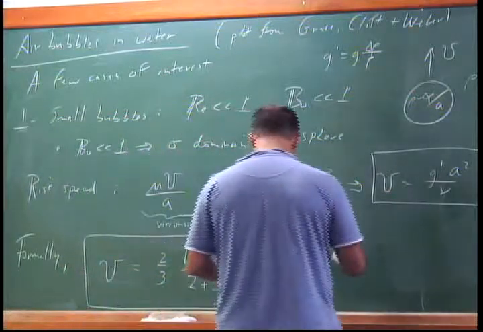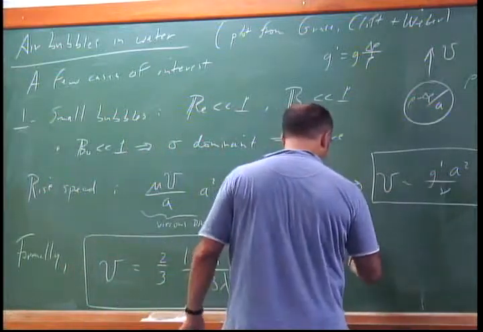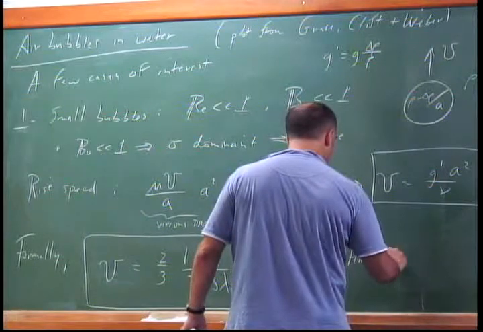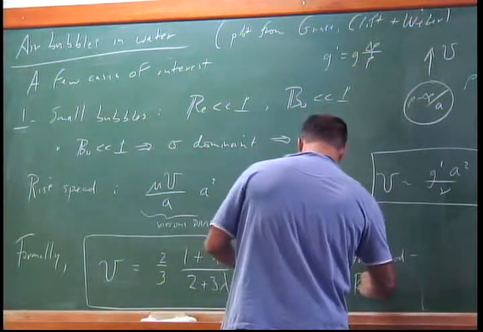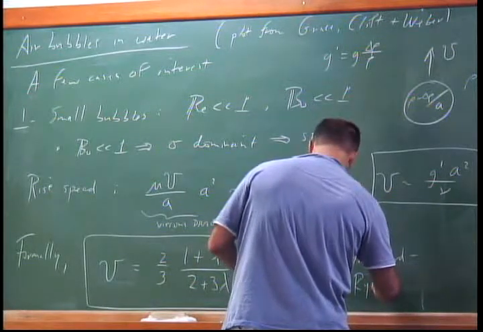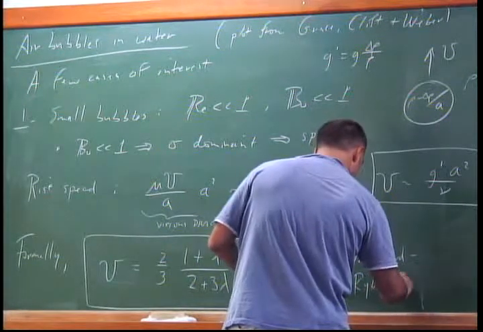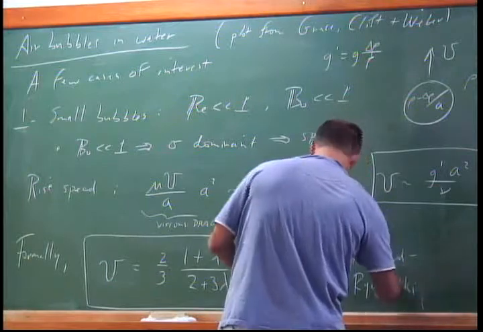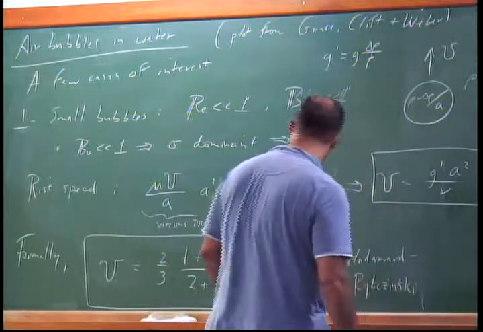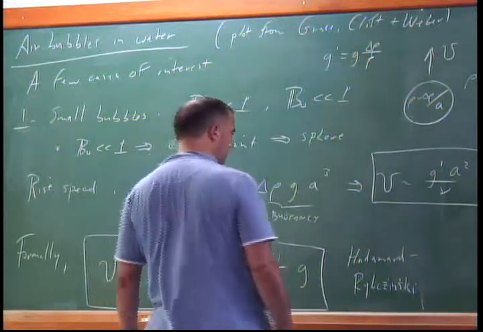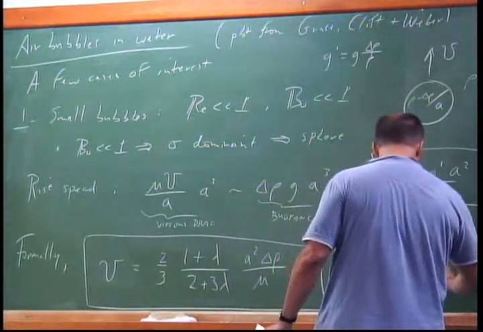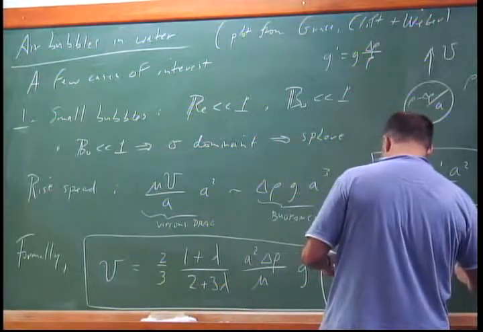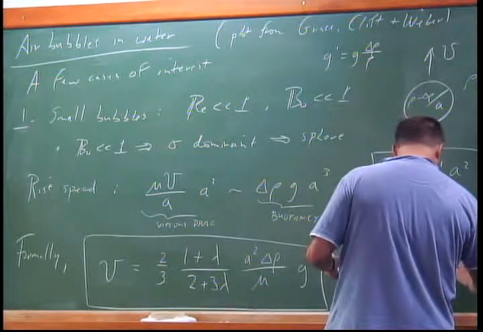Okay, this is the Hadamard-Rybczynski result, and lambda here is the ratio of viscosities.